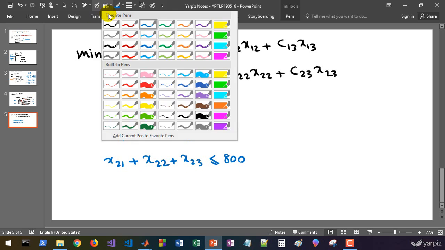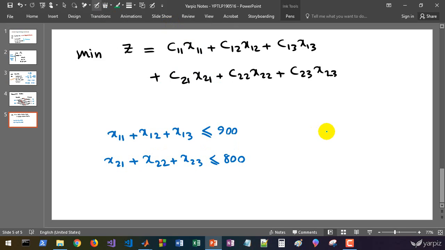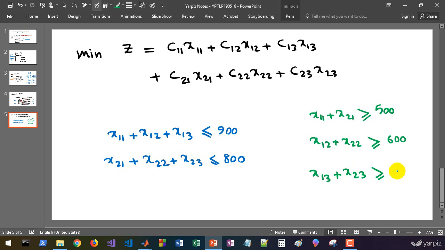And for the consumers, we must meet their requirements, and x11 plus x21 must be greater than or equal to 500, and x12 plus x22 must be at least 600, and x13 plus x23 must be at least 300.